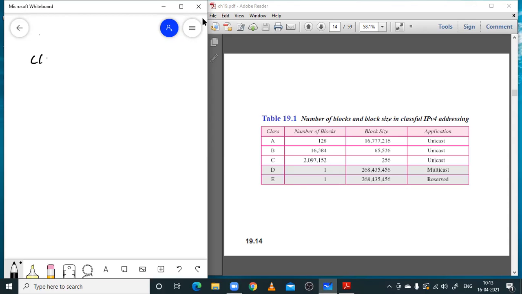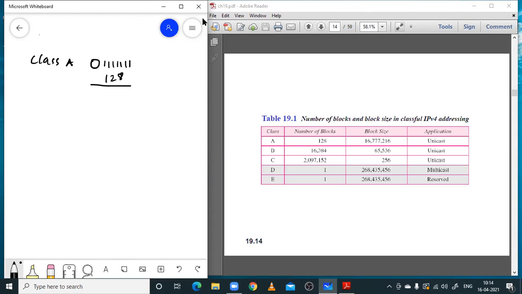According to class A, the first bit is fixed 0 and the remaining 7 bits will be all ones. Yes or no? If I consider all ones, what will be the value? 128. Yes or no? 128 will be there for network IDs.